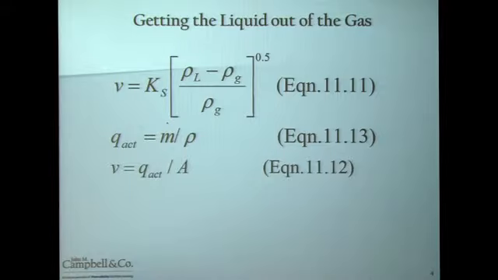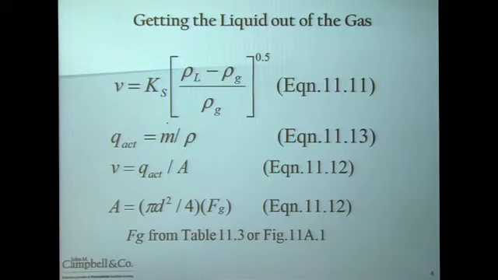Once you know your maximum velocity, as shown in equation 11-11, and you understand that your actual flow rate can be determined by equation 11-13, you can put the two together and figure out the area of your separator. You know your maximum velocity from the first equation. You know what your actual flow rate is, so you can calculate the area. And we all remember that the area of a vessel is equal to pi d squared over 4.